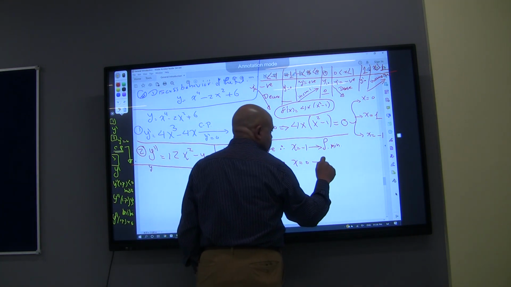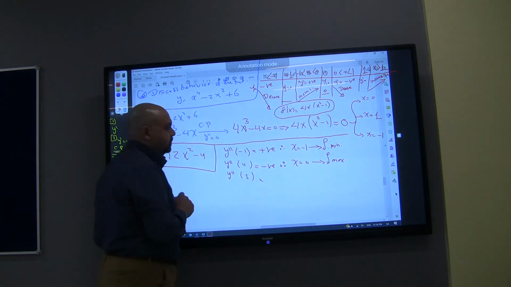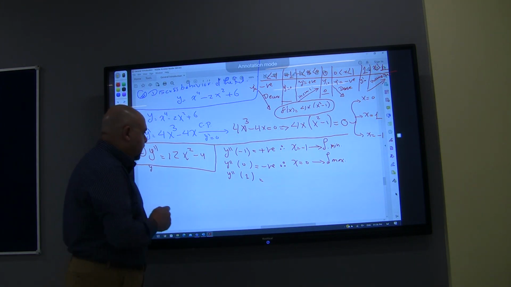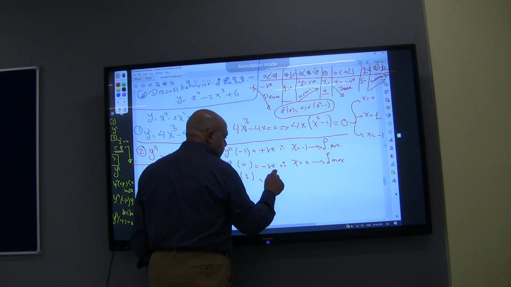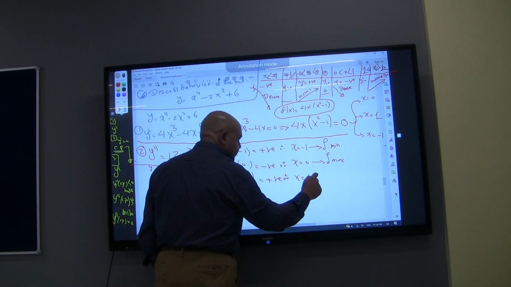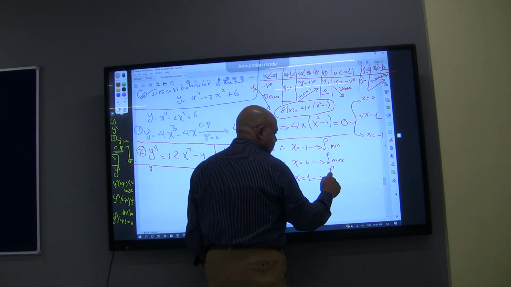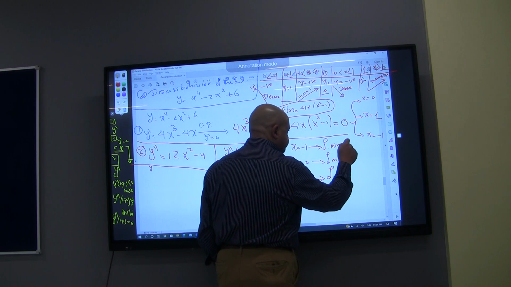So this value will give you a maximum point, a local maximum. If I come at positive 1 it will be 12 minus 4, so it's going to be a positive value. So at x positive 1 will develop a local minimum point.